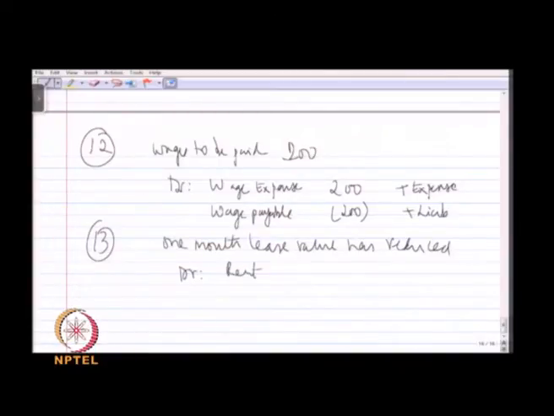We treat that as a rent expense, and how much was that? It was 2000, because it is a 24,000 lease. So, we record that as an expense, and remember we record it as prepaid rent, which was an asset at the beginning, and at the end of the month that value gets reduced by 2000.